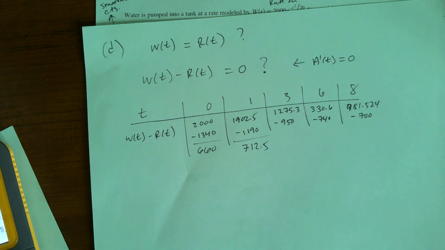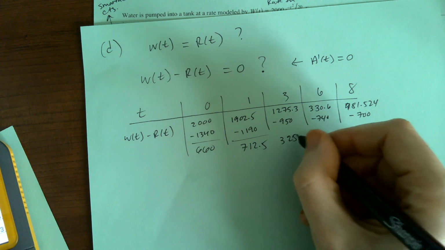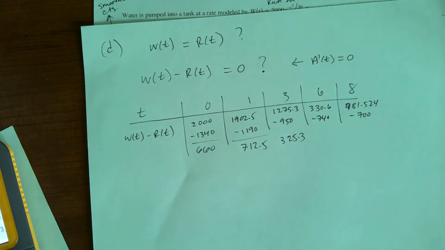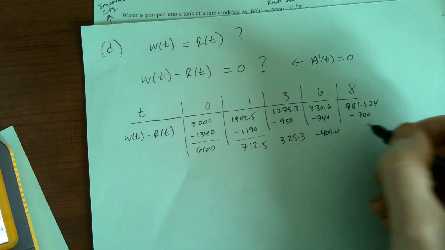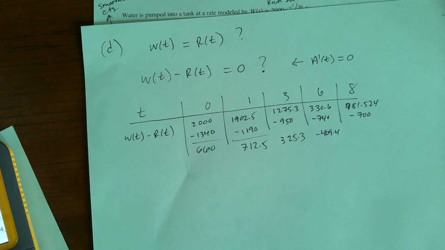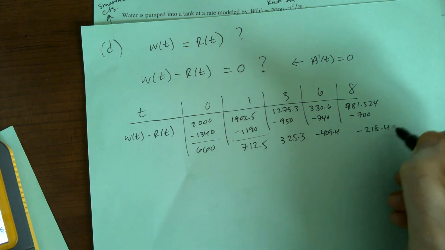1275.3 minus 950. Still no sign change here. 330. Right, there's a negative 409.4, and then this 481. Negative 280.47.